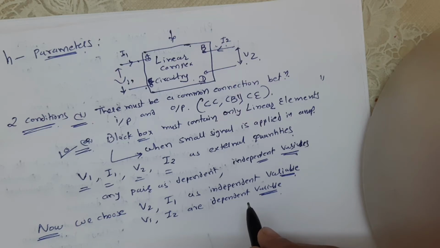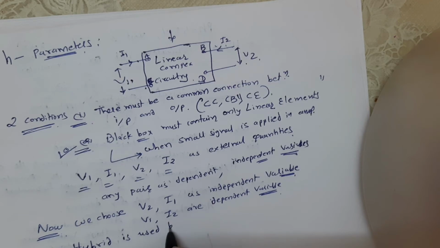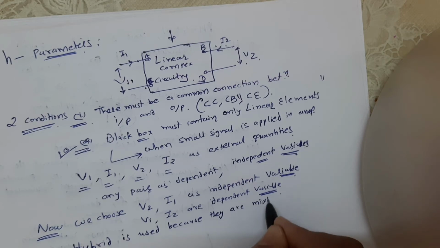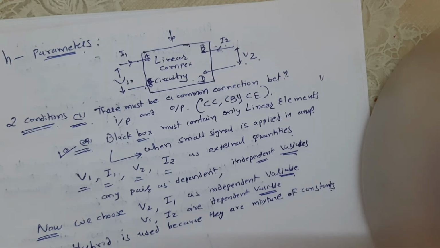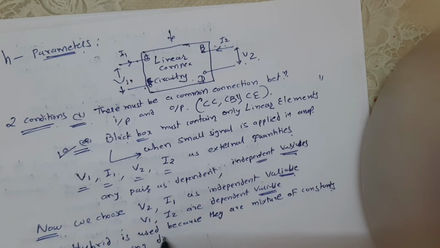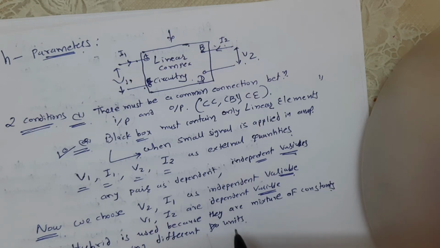For these parameters, the word hybrid is used because they are a mixture of constants having different units, whether it is ohm, volt, mho, this type of unit, right?